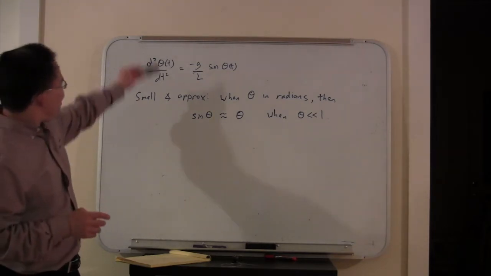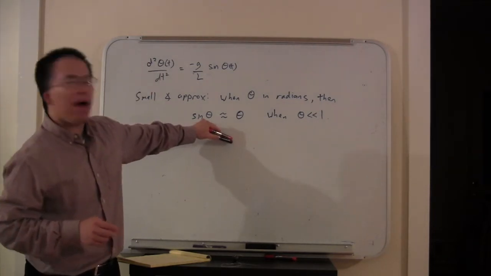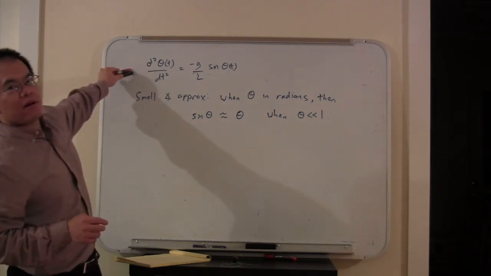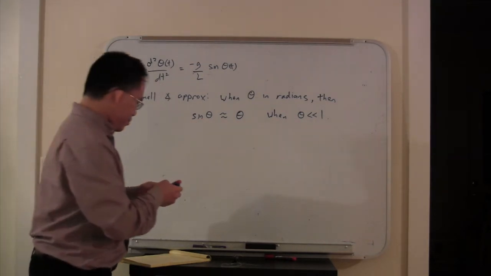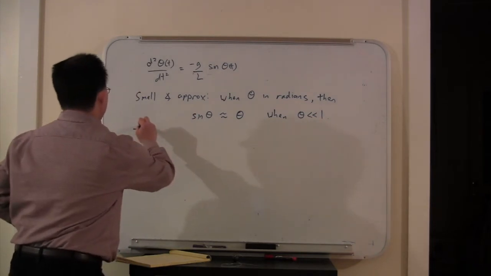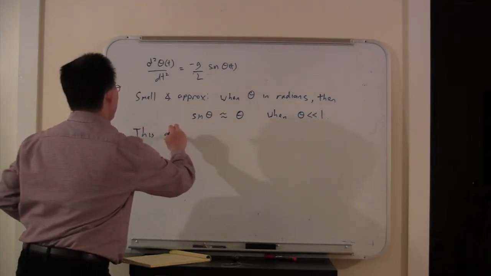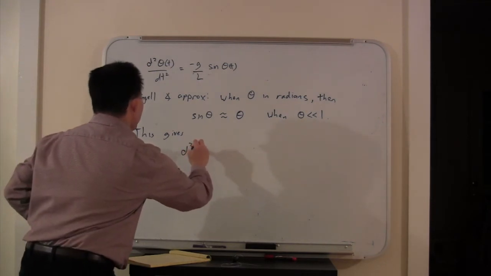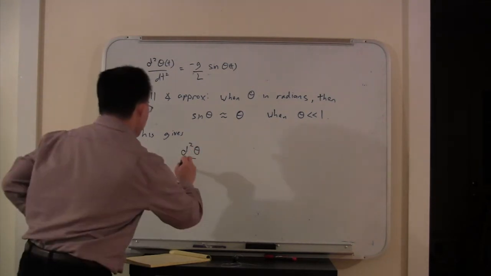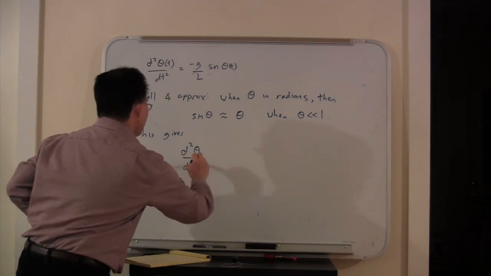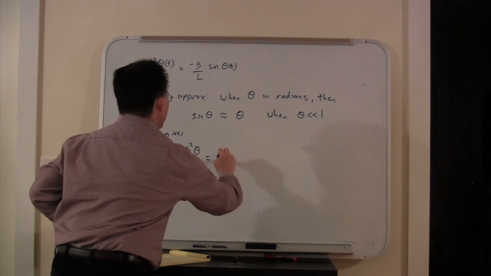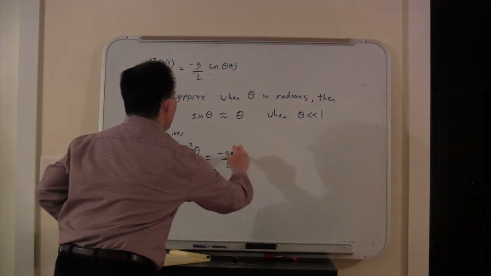But then the fun bit is that if we apply the small angle approximation and plug it into our diff-EQ, this gives, I'll drop the time dependence now explicitly, d squared theta dt squared equals minus g over L theta.